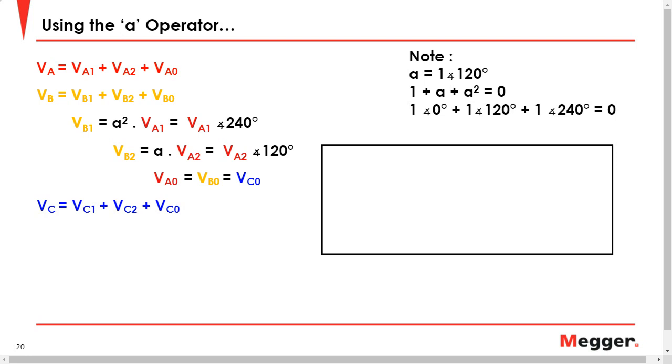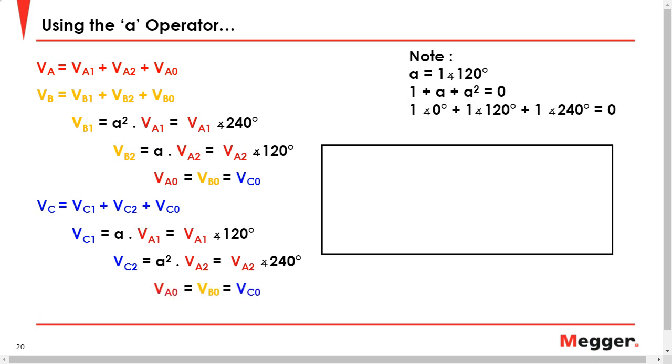And we'll do likewise with VC. Just defining VC, first the positive sequence component of VC in terms of VA1, and the negative sequence component, and the zero sequence component.